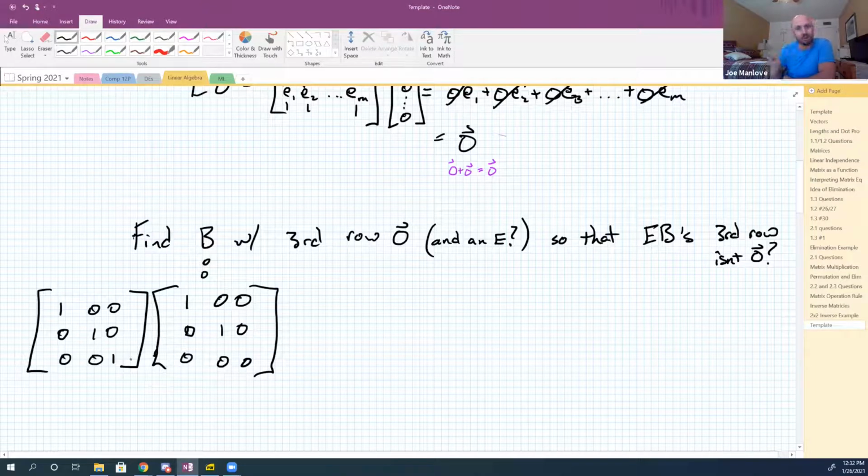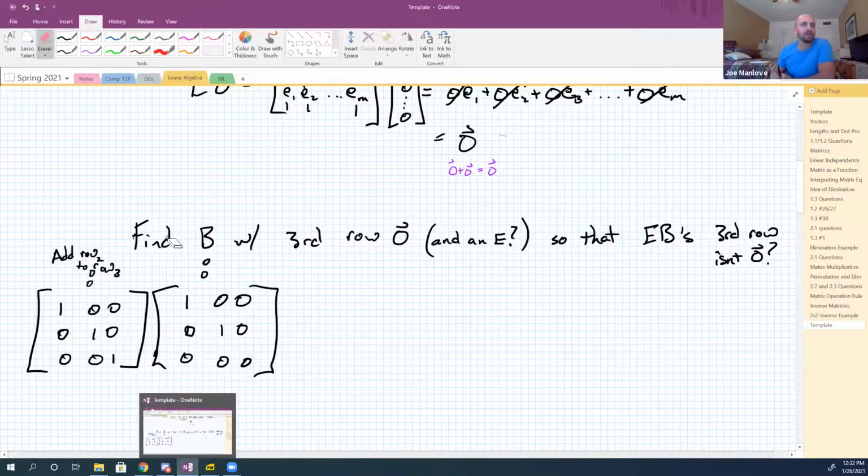So I'm reminded that there were those elimination matrices before. I want to put something not 0 in that bottom row. Well, I know that I could get it by adding this row to that bottom. You guys see that? So I think if I made a matrix here that did add row 2 to row 3, I could have the property I wanted.